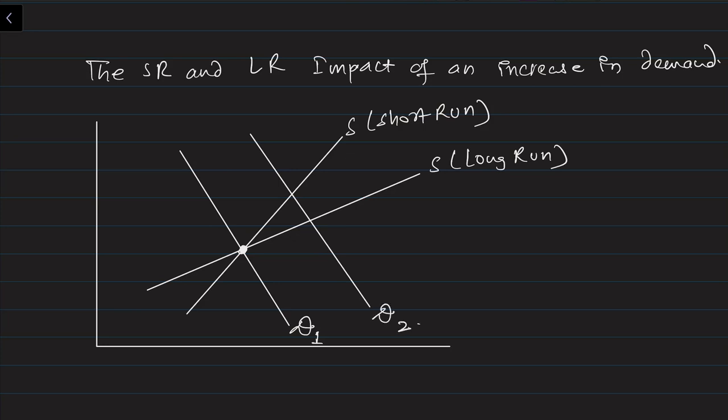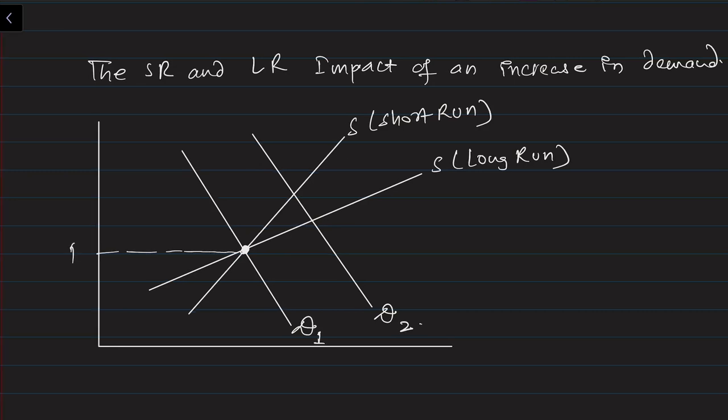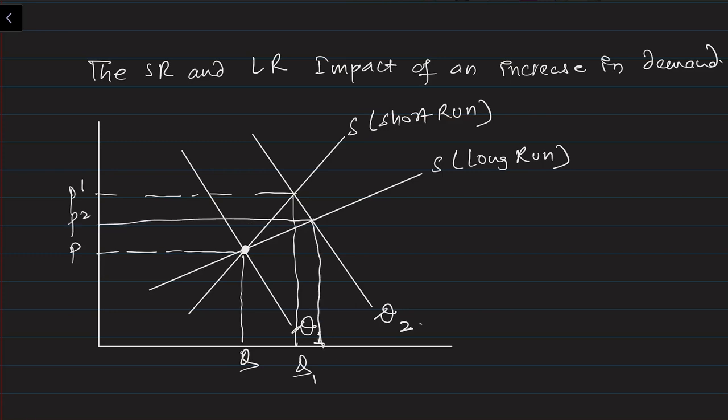Now you can see here, initially this was the equilibrium price, and this was the quantity. Okay, and after the increase in demand, this is the price and quantity in the short run, and this is the price and quantity in the long run.